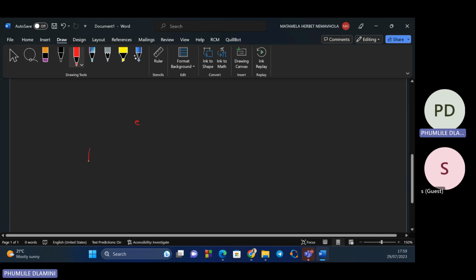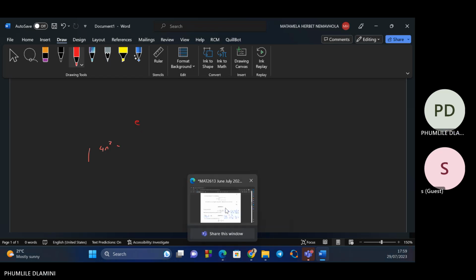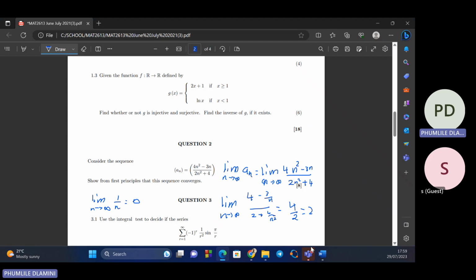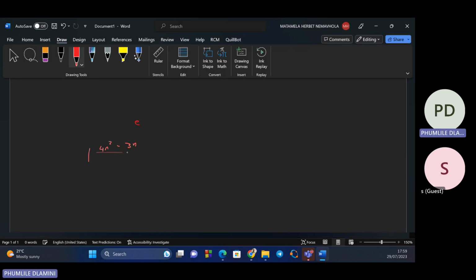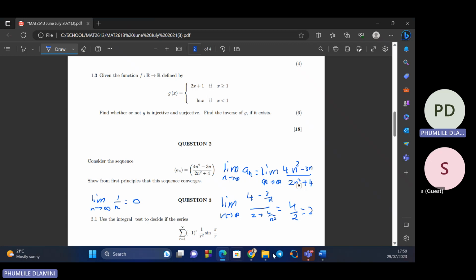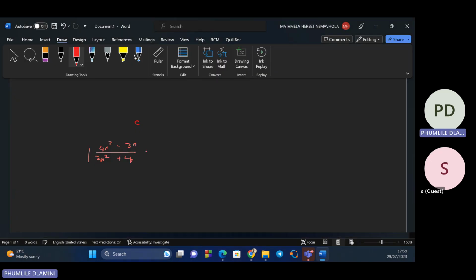Then we say the absolute value of 4n squared minus 3n over 2n squared plus 4, minus L, our L that we got is 2.